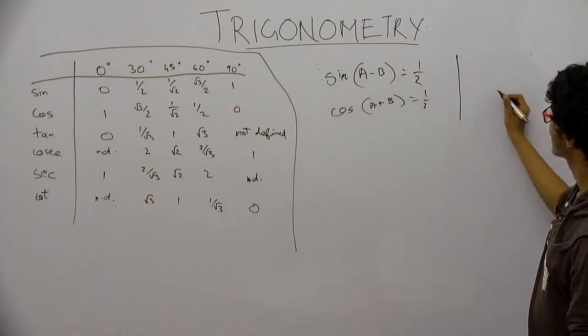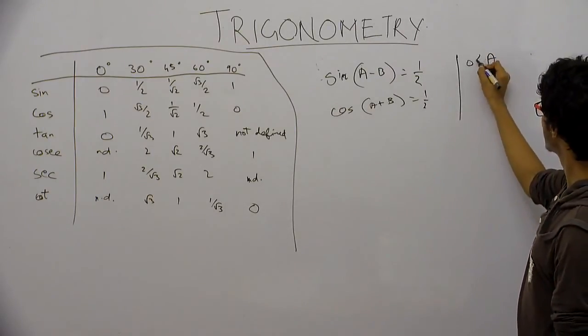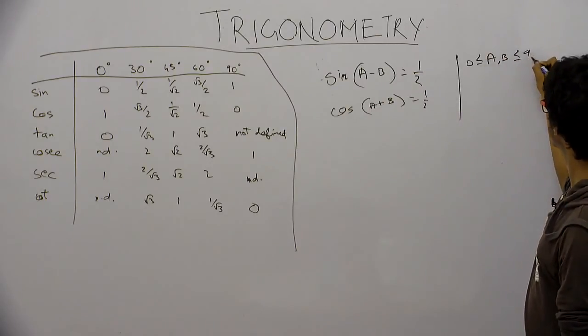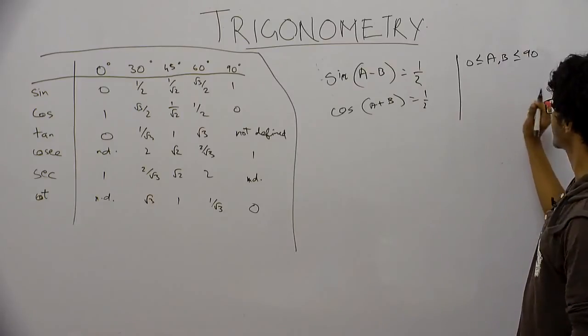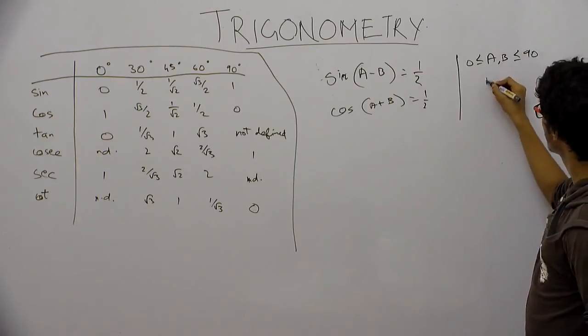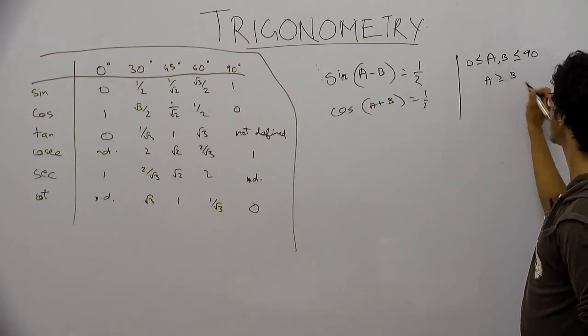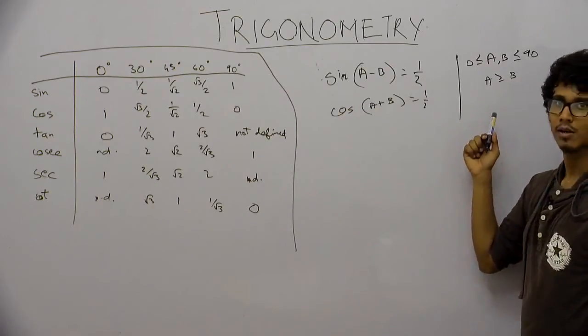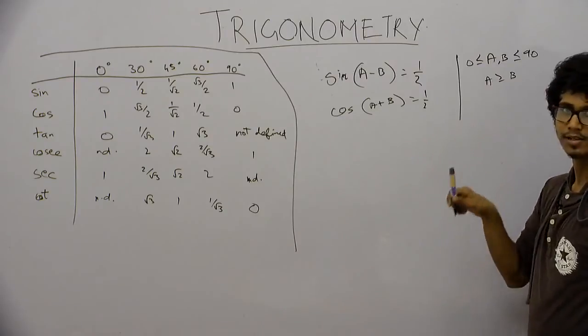The additional conditions given are 0 is less than A and B, both are less than 90 degrees, and A is greater than B. These are essential conditions to solve the question, but these will be explained later.